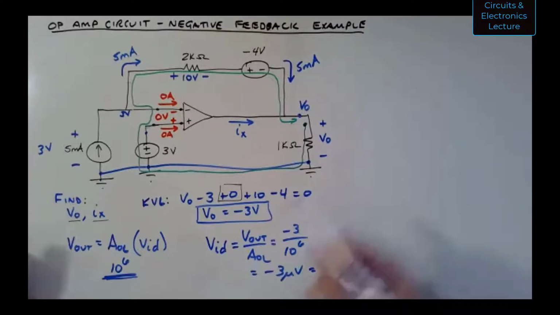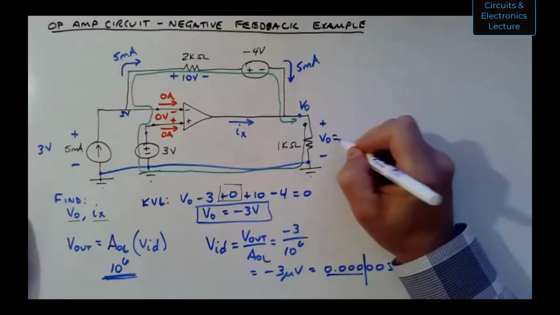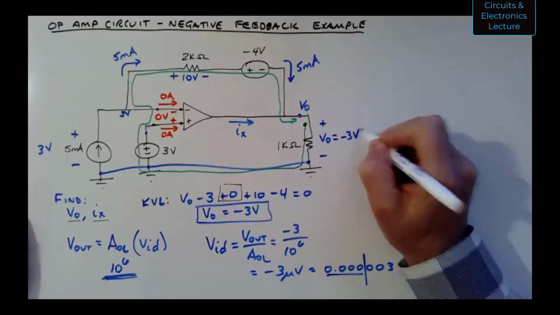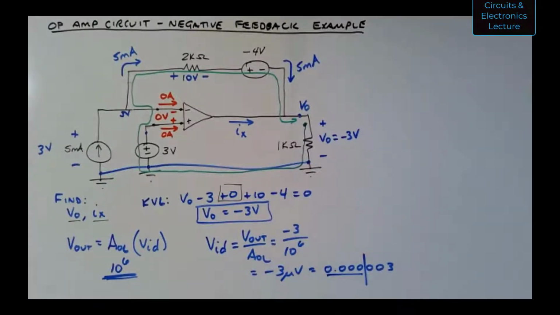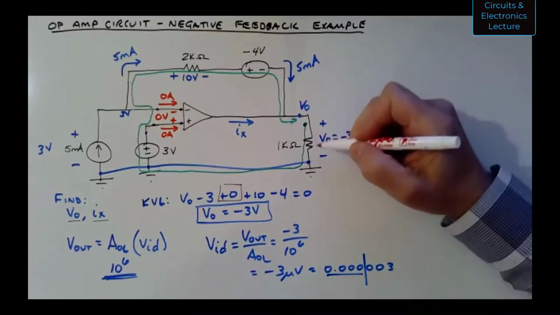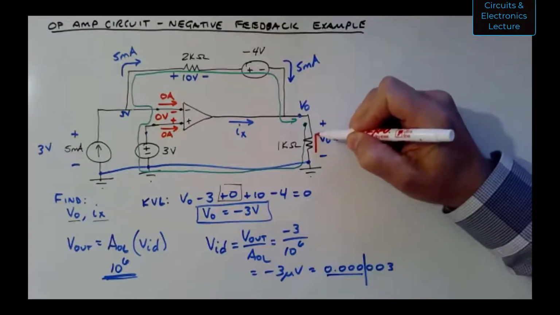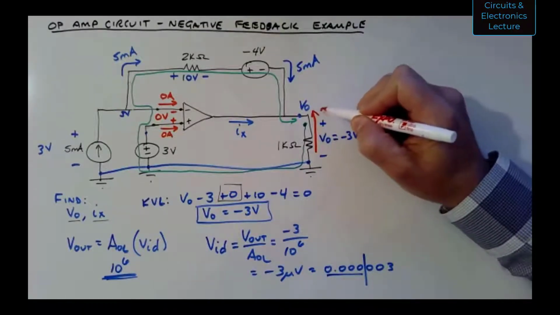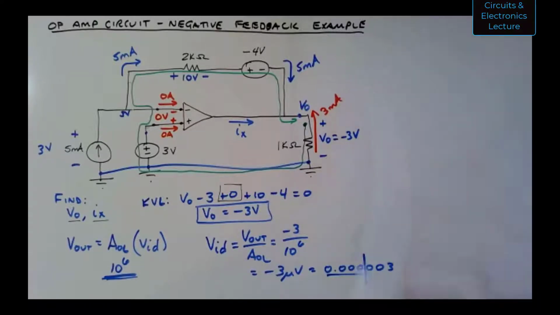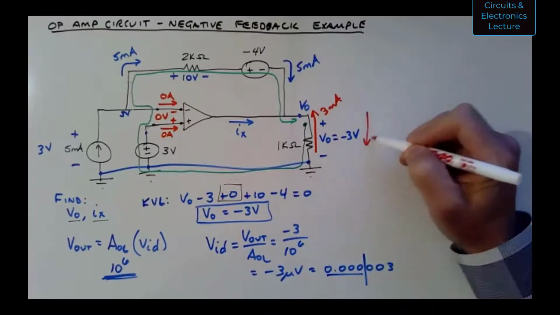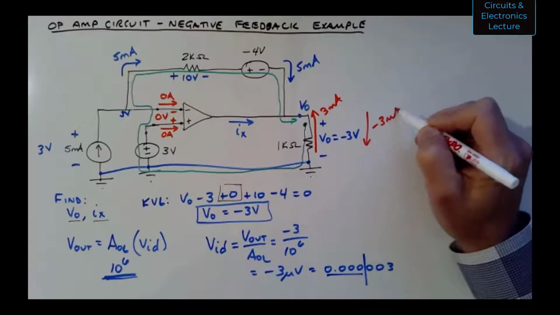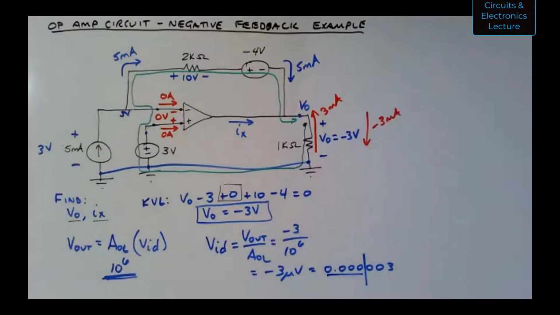And I think I can figure that out because I have -3 volts as VO. We figured that out. Which means, if I can write it in a different color here, with -3 volts, I have 3 milliamps coming that way, or alternatively, I have -3 milliamps going the other way, either way.